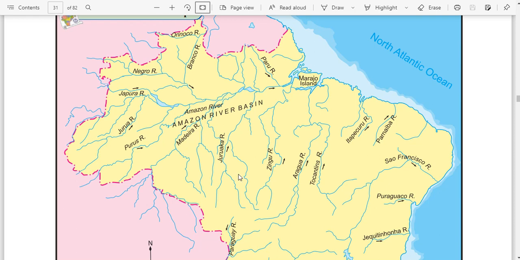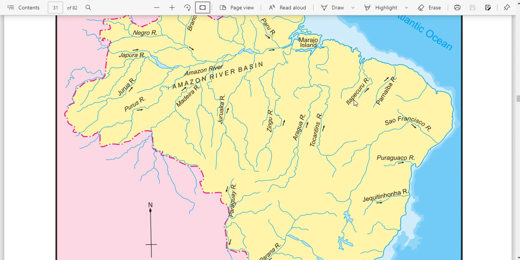Madeira River, Jurua River, Marajo Islands, these are the group of islands. Xingu River, Araguaia River, Tocantins River, all these come together here and go to the North Atlantic Ocean.